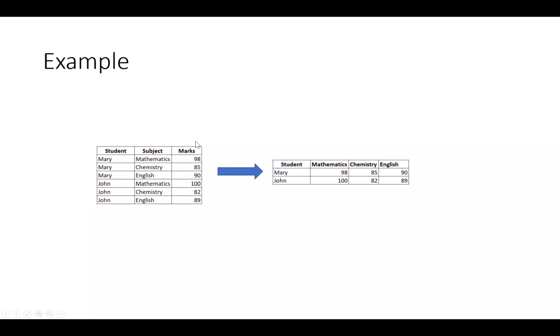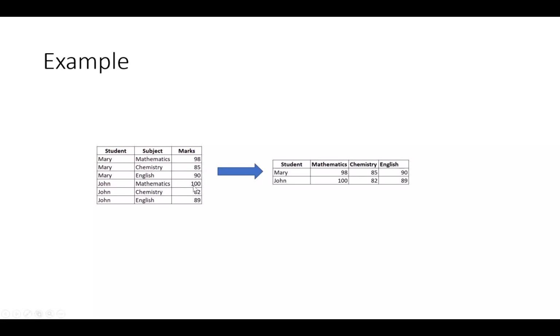Now, if you look at this view of the table, and somebody asks me, who is better at math, or between Mary and John, who is better in chemistry, it will be a tedious view. I have to go row by row and see, okay, Mary in mathematics scored 98 versus John in mathematics scored 100.